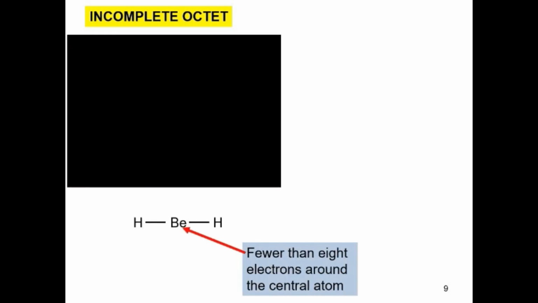Look at beryllium hydride structure. Both hydrogen atoms have duplet, but beryllium only has 4 electrons around it. Beryllium is incomplete octet. Is this structure a possible Lewis structure? To get the answer, let's calculate the formal charge of its structure.